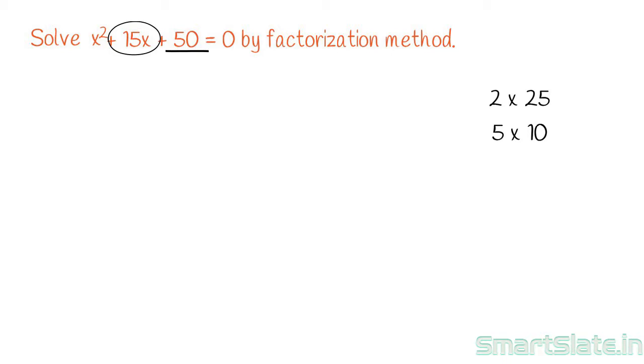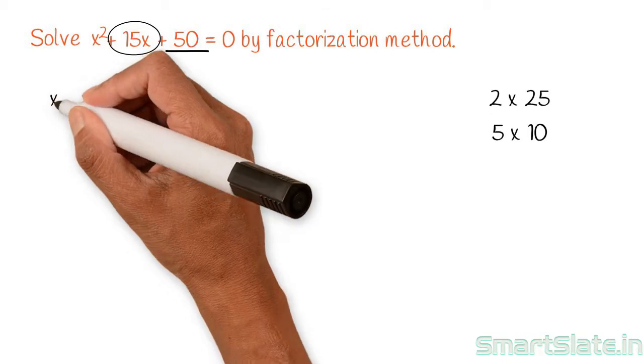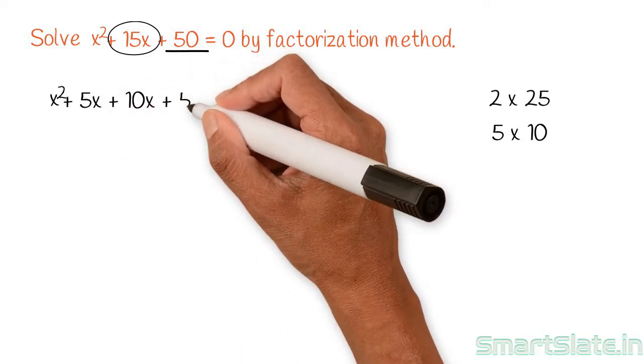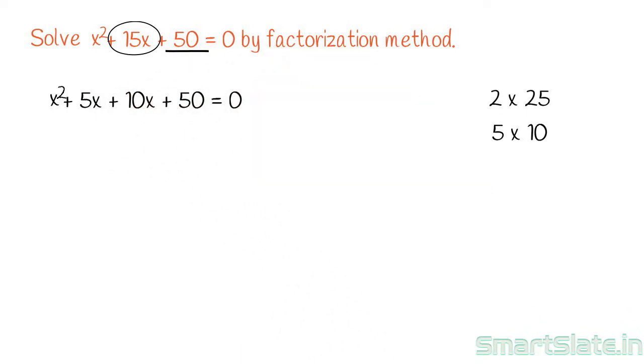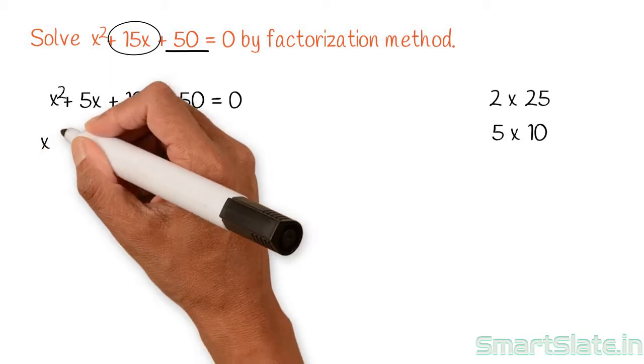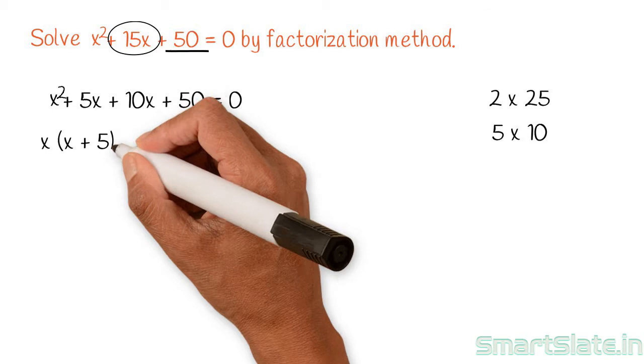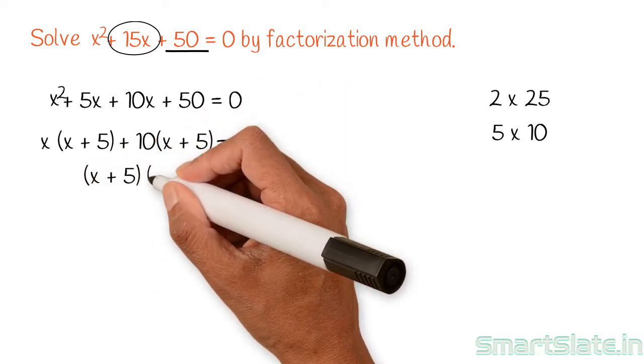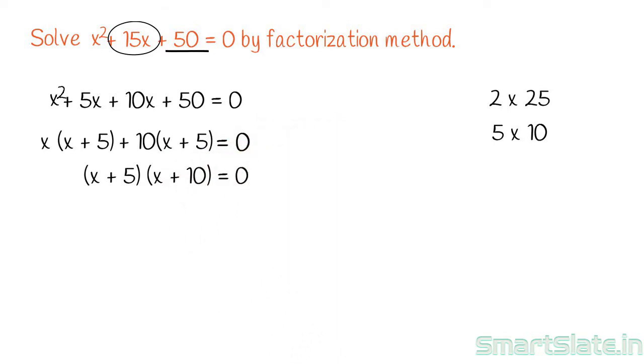Split the middle term and rewrite the equation. x square plus 5x plus 10x plus 50 equal to 0. Take x common factor from the first two terms. That makes x in the bracket x plus 5. From the last two terms, take 10 as common factor. Hence, it is 10 into x plus 5. We arrived at the equation x plus 5 into x plus 10 equal to 0.